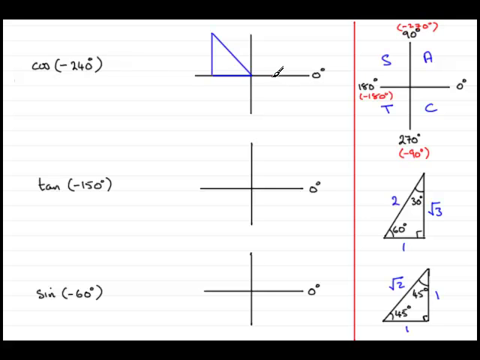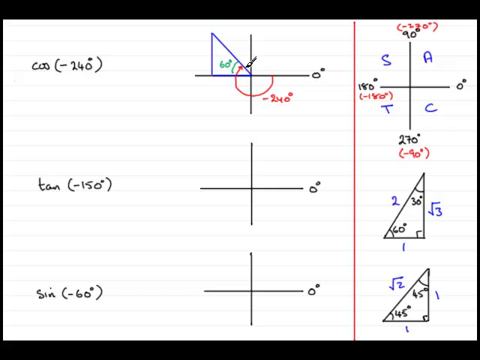It started here and turns all the way round in this direction to there. That leaves us with an acute angle inside this triangle. What would that be? Well, it's 180 degrees to there, so it's a further 60 degrees to make the 240 degrees. So this acute angle is 60 degrees.